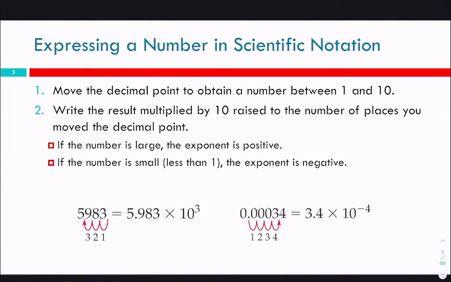Really, if you have a number greater than 10 or a number less than 0.01, then you want to start using scientific notation to represent that number, because it's going to be shorter than the standard notation.